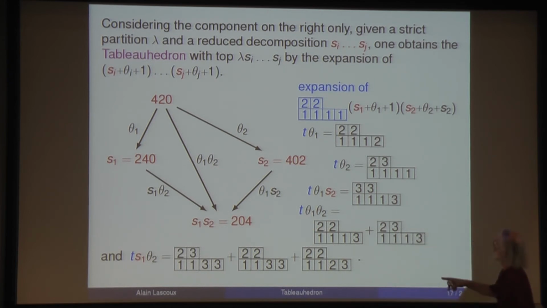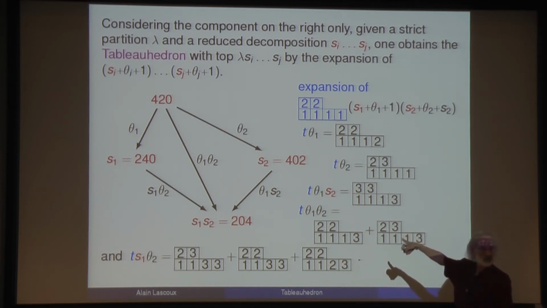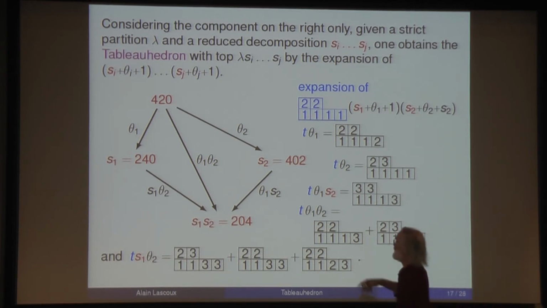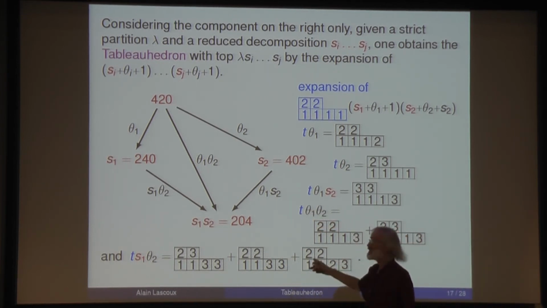But I have also, for example, 2 tableaus given by theta 1, theta 2, and they are 2, 2, 1, 1, 1, 3, plus 2, 3, 1, 1, 1, 3. If you perform the jeu de taquin, you will see that these 2 tableaus have left and right keys which are 420 and 204.